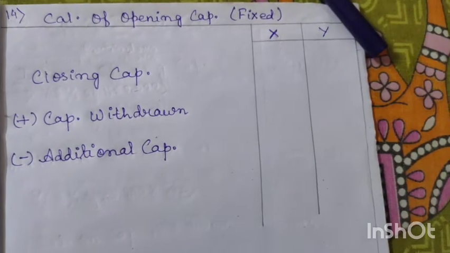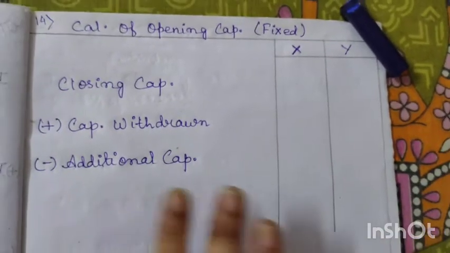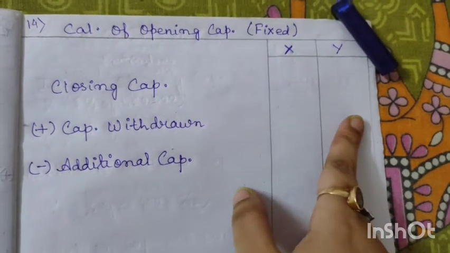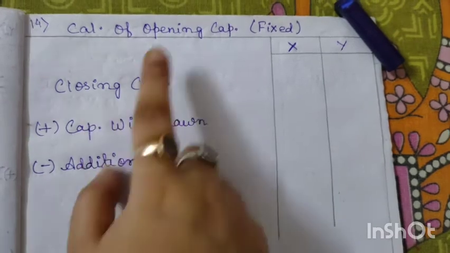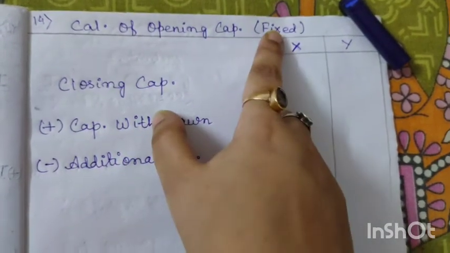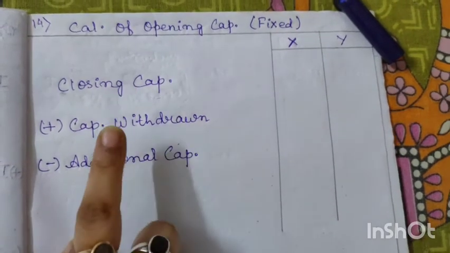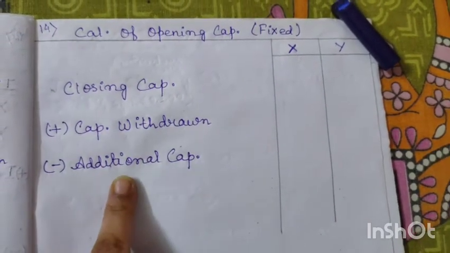To calculate opening capital, I have already made the format over here. Because there are two partners, there will be two amount columns. According to the formula, opening capital under fixed capital method is closing capital plus capital withdrawn minus additional capital.